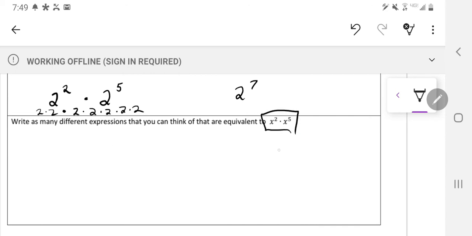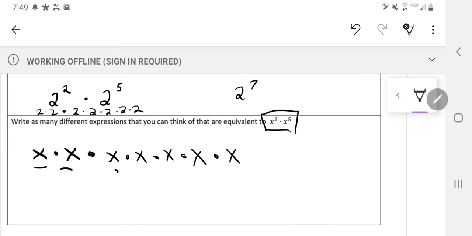All right, so we could do the same thing here with the x squared and the x to the 5th. You could write it out. You could have x times x, that's the x squared, and then you're going to multiply that by x times x times x times x times x. And you notice that there's 1, 2, 3, 4, 5, 6, 7 total. So that would be x to the 7th. All sorts of different ways to write it. So we could go x to the 3rd times x to the 4th, because that's going to give us x to the 7th. X times x to the 6th.